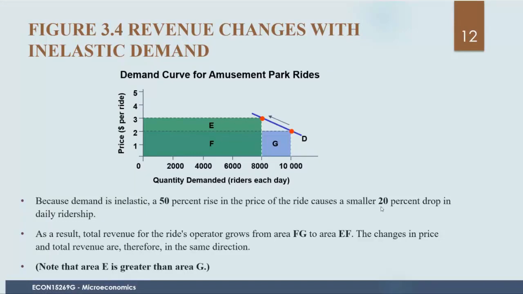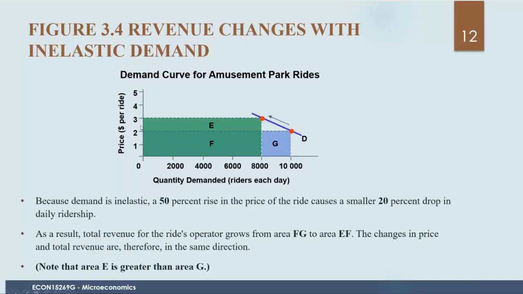And in this case here, we're going to first think about what our revenue is initially. So our revenue initially is 2 times 10,000. So it's this rectangle here, F plus G. Now, when we increase the price, we're going to gain $1 per unit that we sell.